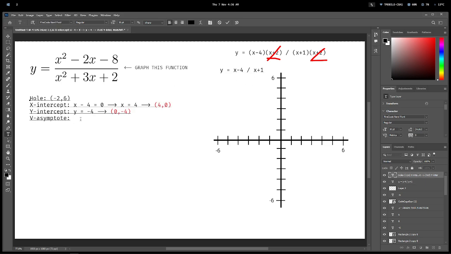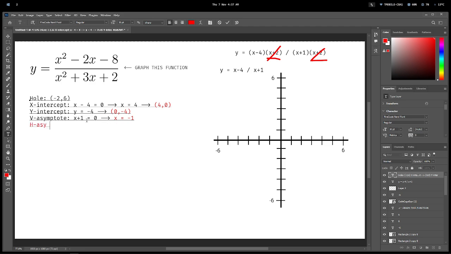That will be our vertical asymptote. Convert that to x equals -1. Now for asymptotes, you do not need to put them in coordinates, but you will need to be careful with having to put x and y equals. For vertical asymptote, it is x equals. For horizontal asymptote, it will be y equals. So that is our vertical asymptote right there.